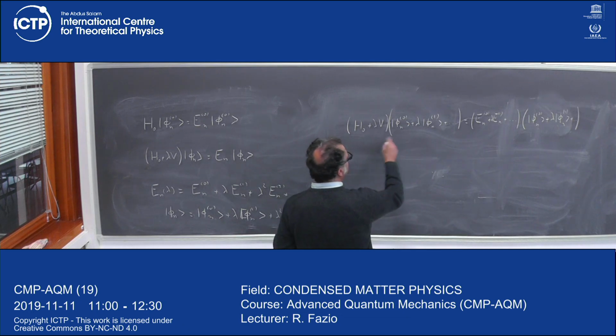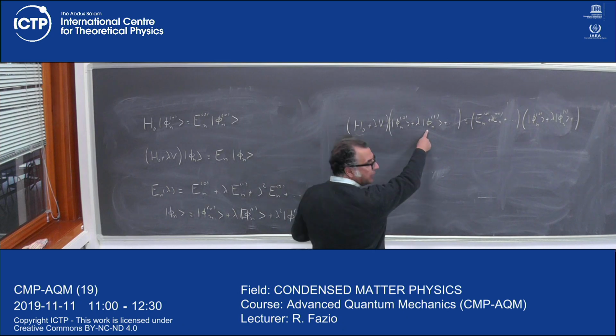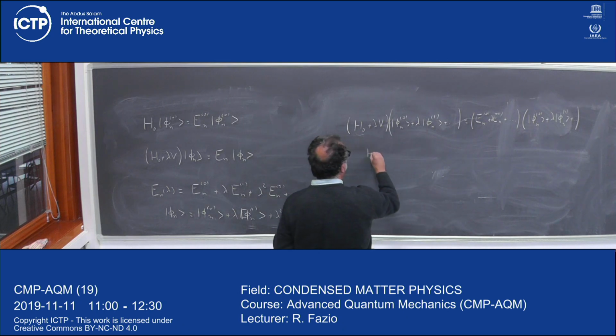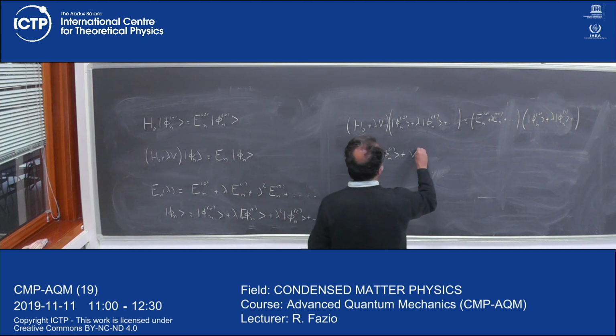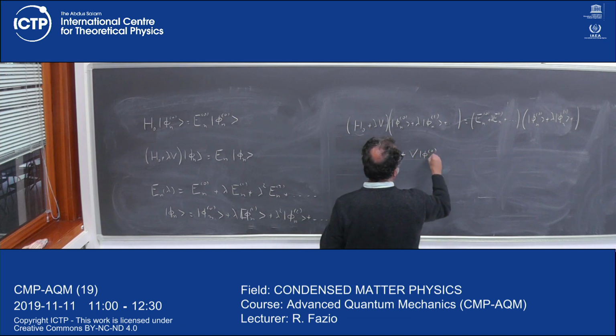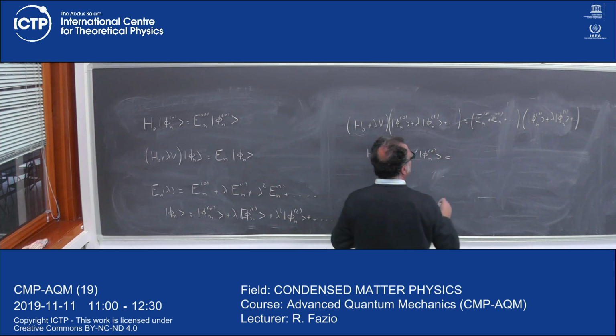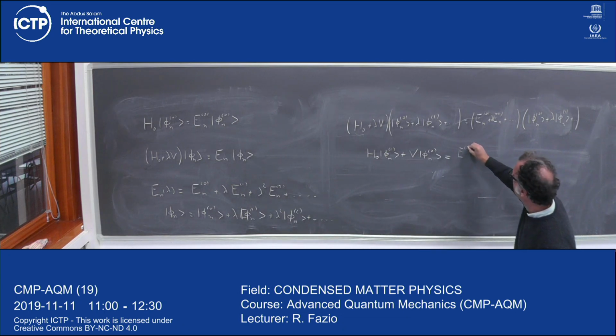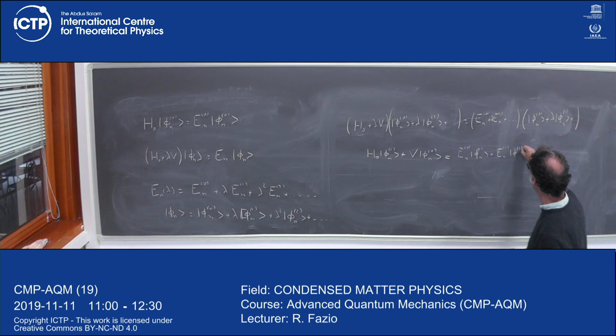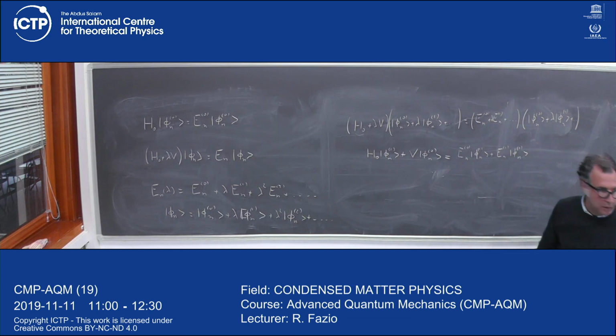From here you get this multiplying this. So you have H0 phi 1 of n plus V phi 0 of n equal to E0 phi 1 plus E1 phi 0, okay?